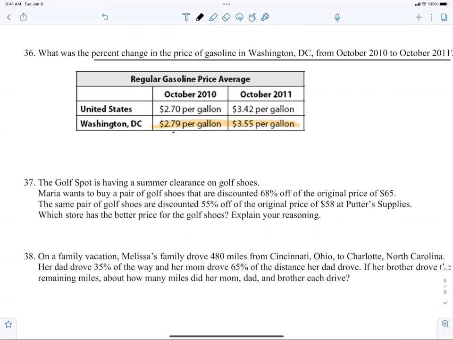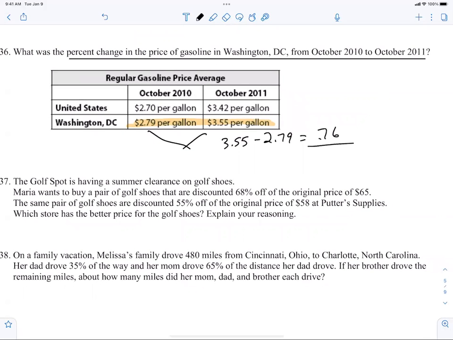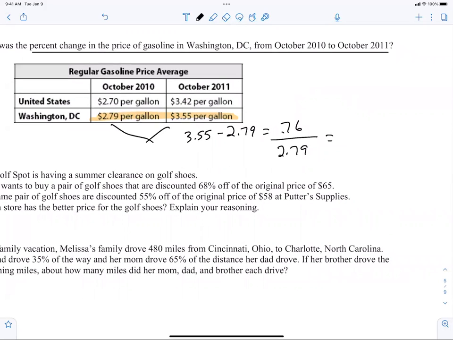So now take your calculator out and tell me what the change is. $0.76, divided by the original, which is $2.79, which equals 0.2724041.